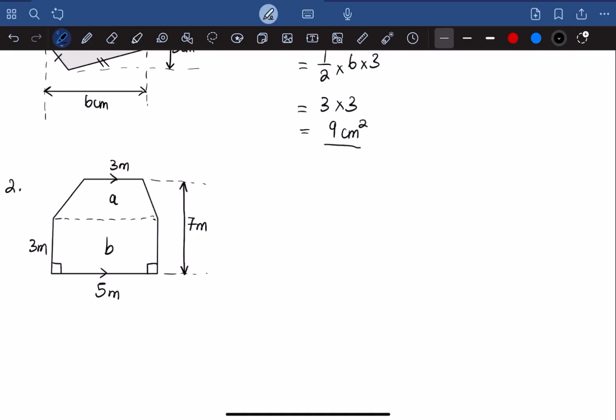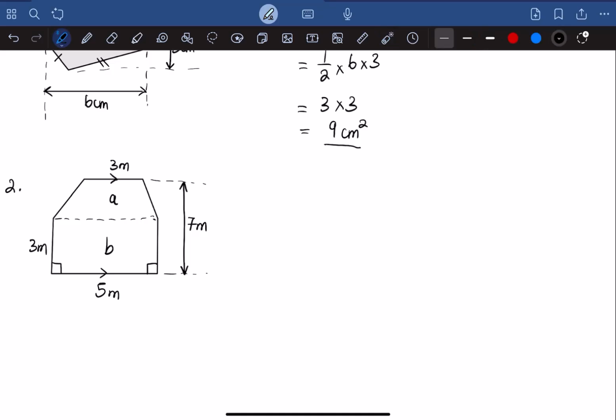Number 2: we have been given this diagram with A and B. From this we can deduce that A is a trapezium and B is a rectangle. We have this side of 3 meters and the one with 5 meters being parallel to one another. Then the total height is 7 meters, and the other side from this point to this point is 3 meters, and we're asked to find the area.